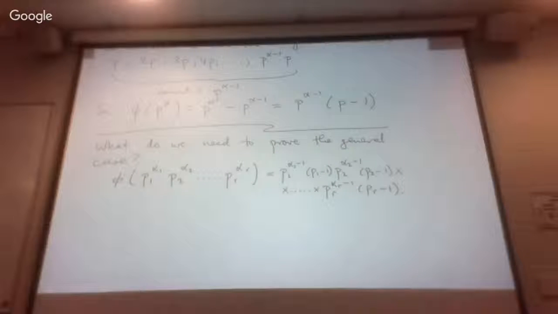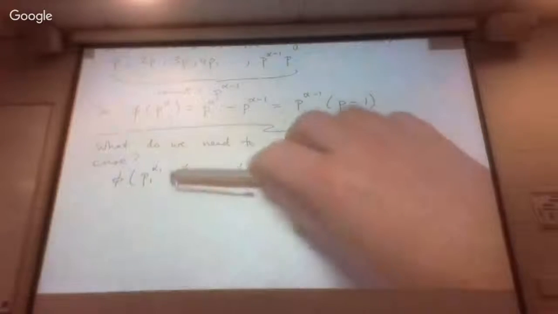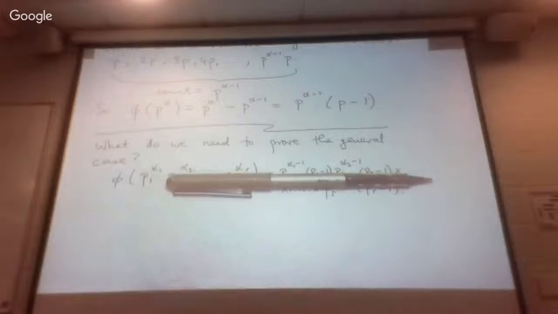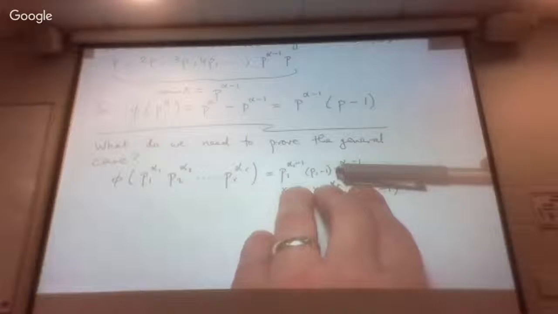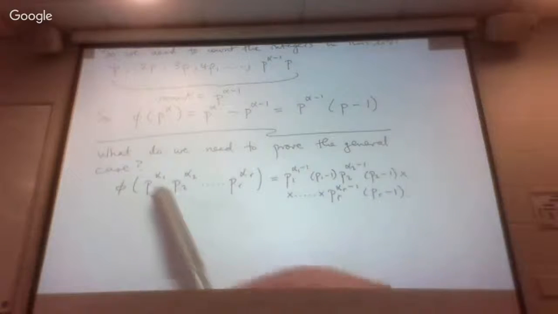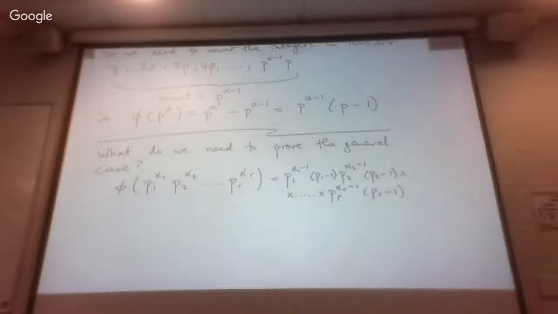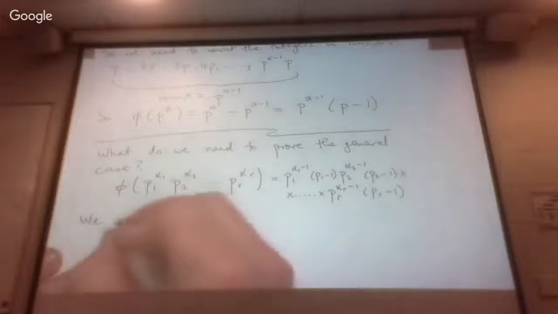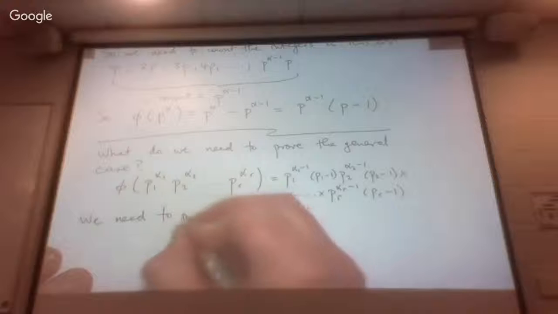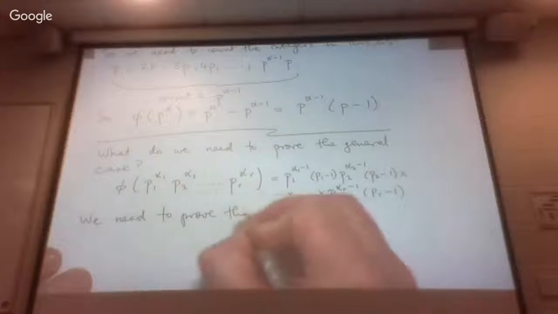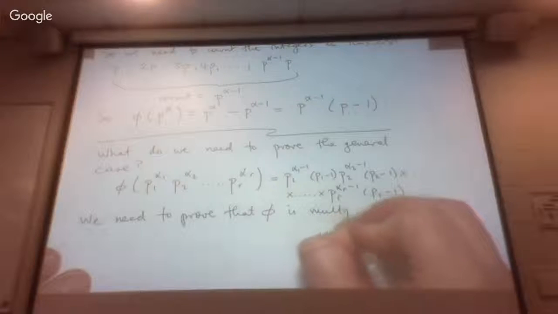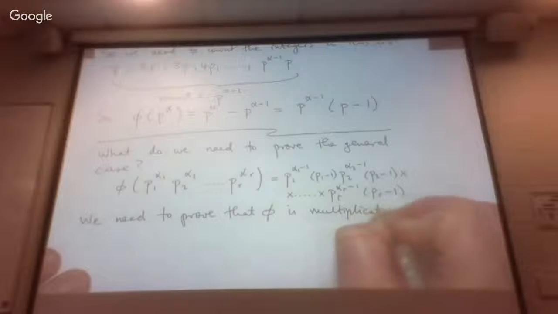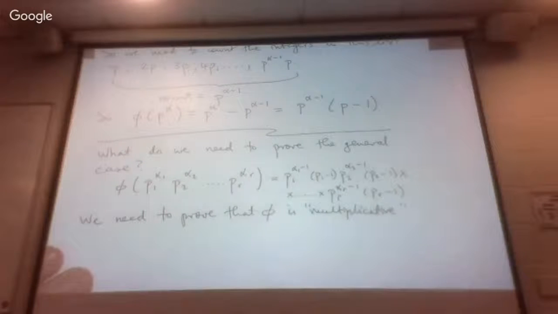Now if it's just phi on one power of a prime, then I've already proved that. So the problem is when we've got a load of them multiplied together. So we need to prove that the function phi is multiplicative in some sense.